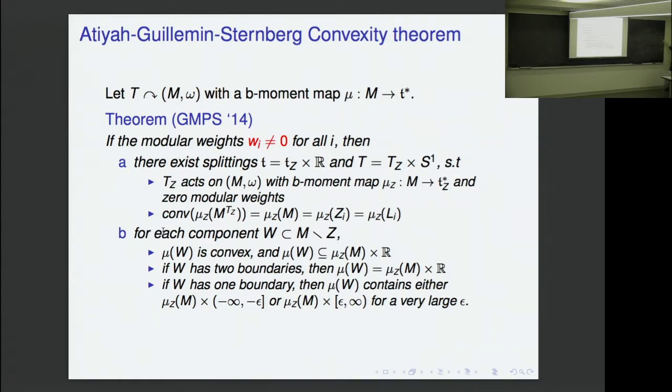Now this is a symplectic manifold, and we can use the convexity theorem for this manifold to prove that the moment image mu of omega is also convex, because the moment image of the symplectic cutting is convex, and then we can just extend this to infinity. So that's the idea of the convexity theorem in the b-symplectic case.